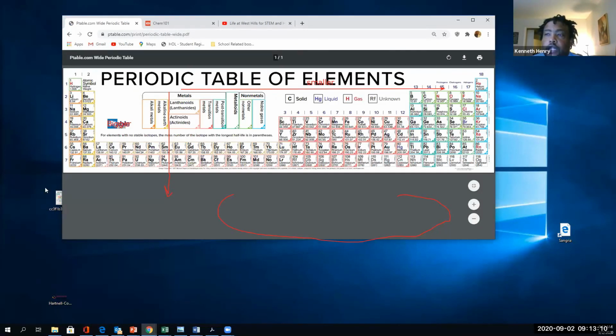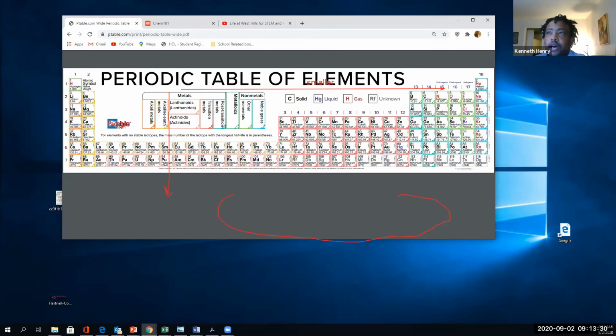Okay, so this is what it really looks like, right? Where your lanthanoids and your actinoids are all located here, okay? So this is what it really looks like.